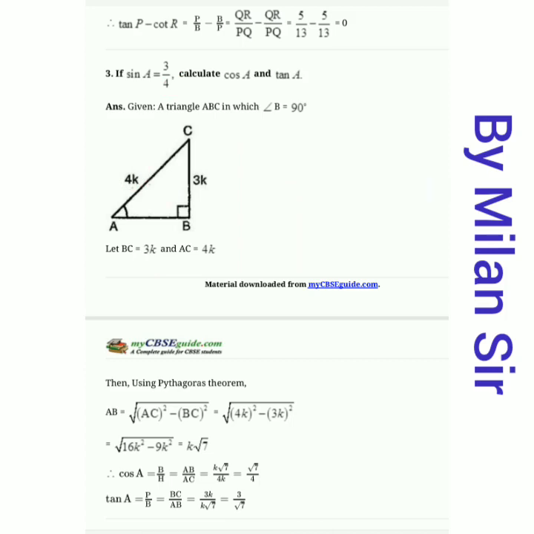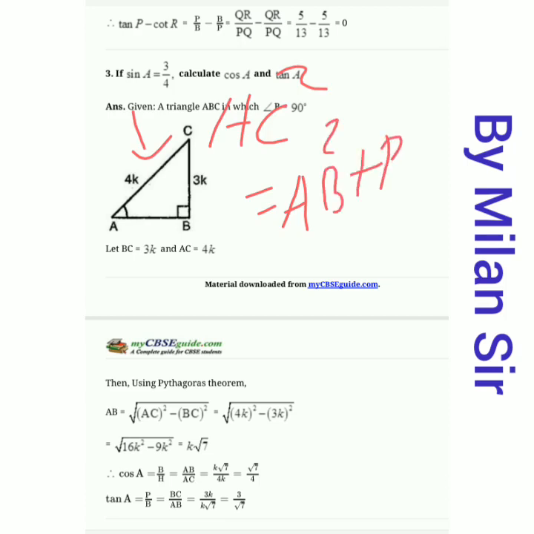Now find our third side by using the Pythagoras theorem. What is the Pythagoras theorem? Hypotenuse square, that means AC square, is equal to the sum of squares of the other two sides, so AB square plus BC square. Now from this equation we need to find AB, so transfer BC square to the left hand side.